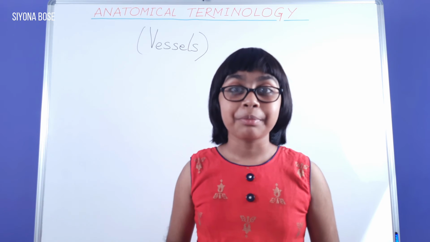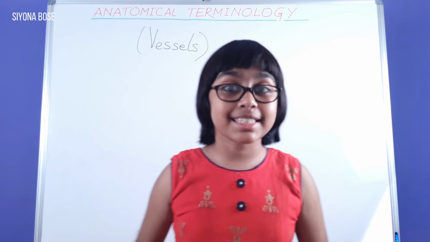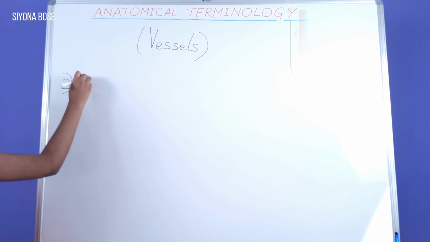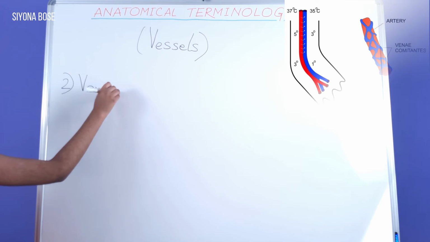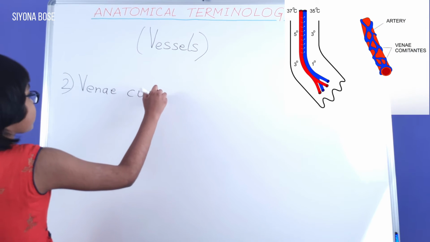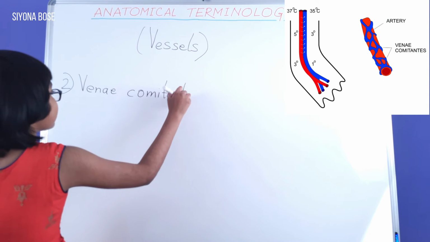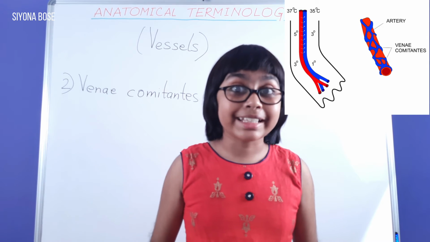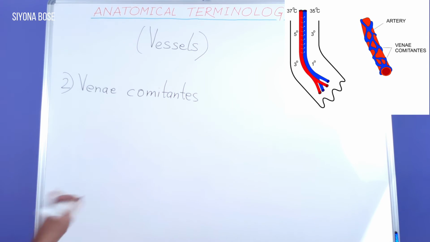Moving on to venae comitantes. Number 2, venae comitantes. Now, the name sounds intriguing, so let's see some description about this.